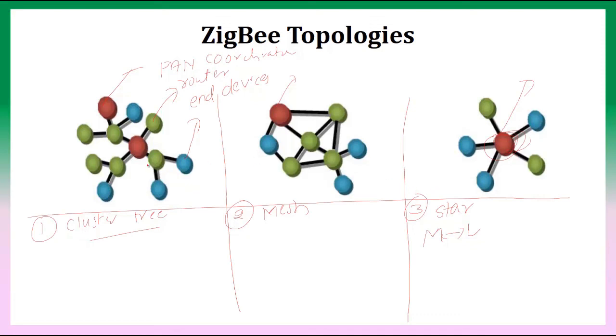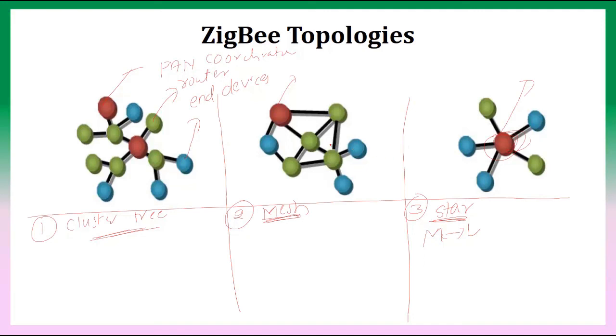Out of these three, star is the basic topology, and mesh is quite complex, even in maintenance and beaconing. So the best option is the cluster tree, but depending upon the variants available or your requirement, any of these can be employed.